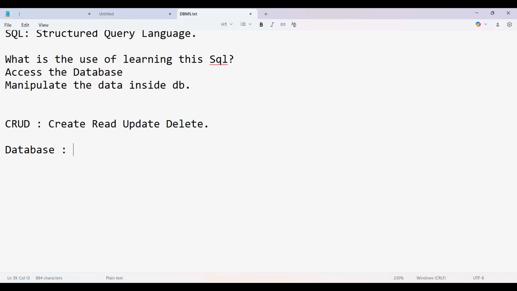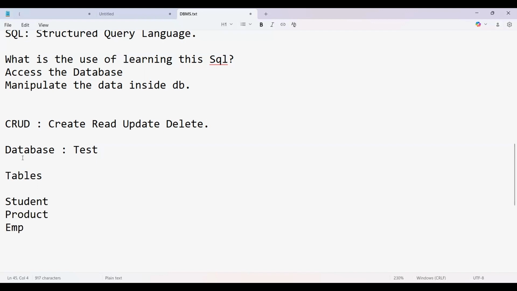Suppose my database name is test. Within this test, I have some tables: a student table, a product table, different tables, and last one, an employee table.